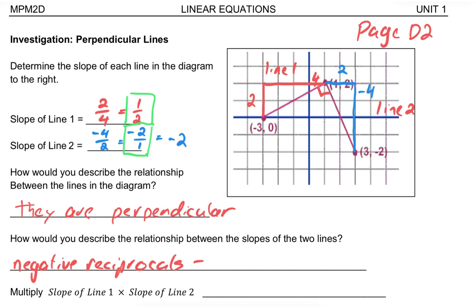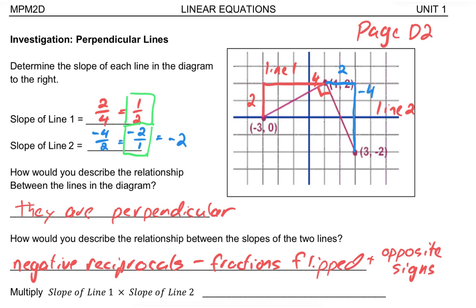What does this mean? We can say that the fractions are flipped relative to each other, and the negative part just refers to the fact that they have opposite signs. So we'll say flipped plus opposite signs.